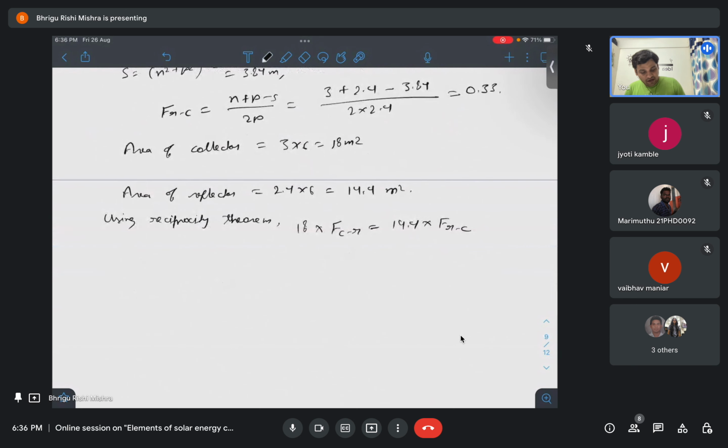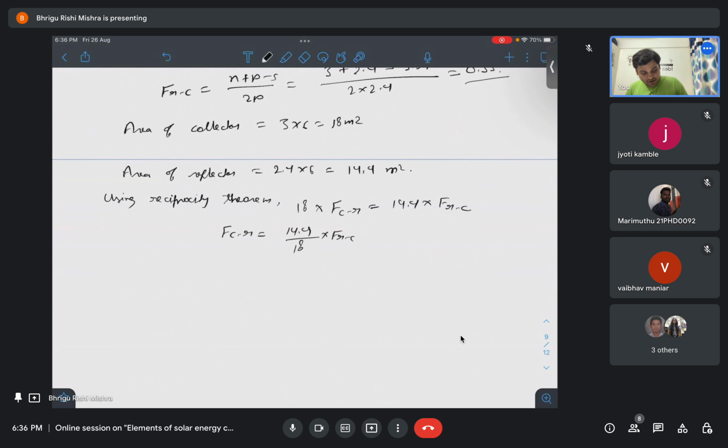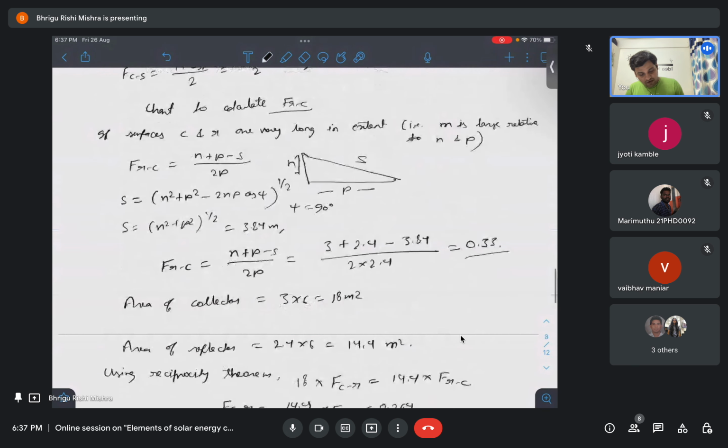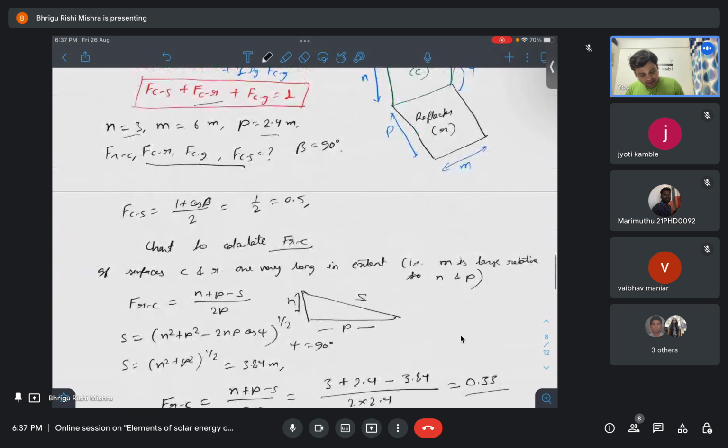And we have calculated FRC here, 0.33. So FCR is 14.4 by 18 into FRC. So this value is around 0.264.